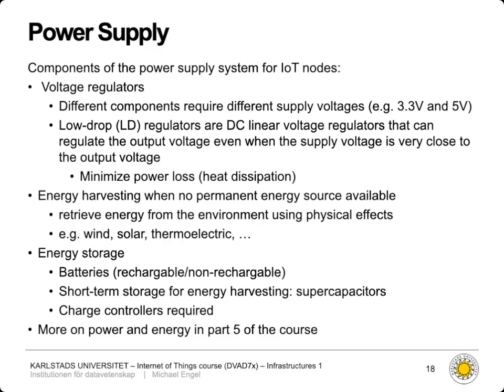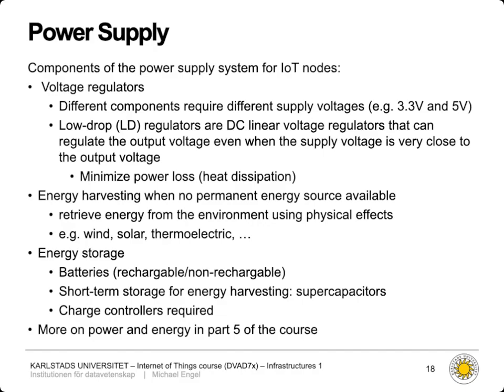You might have some 3.3 volt components and some 5 volt components on your PCB that makes up the basis of your IoT node. So this means you need to regulate your voltage, because a device that's supposed to run on 3.3 volt won't be very happy running on 5 volt, and you could destroy it.